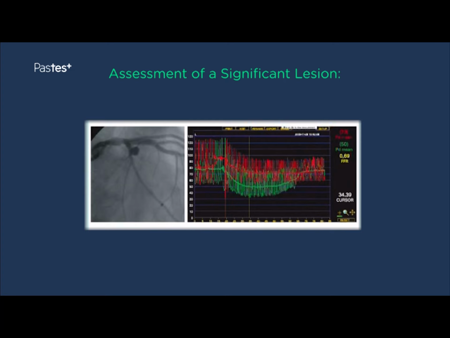By comparing a ratio of the mean pressures proximal to the stenosis and distal to the stenosis, we get a number. Here with a ratio of 0.69, which tells us from the huge wealth of trial data that this lesion is very significant and in need of a coronary stent.